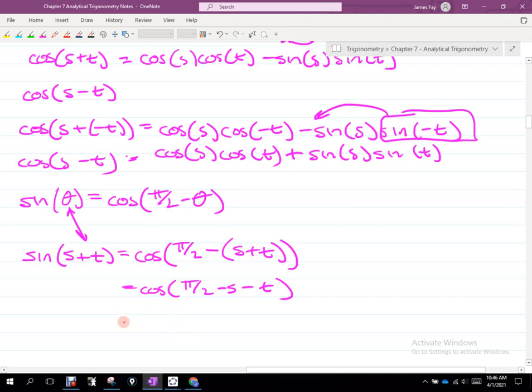And now I'm going to use my associative property.